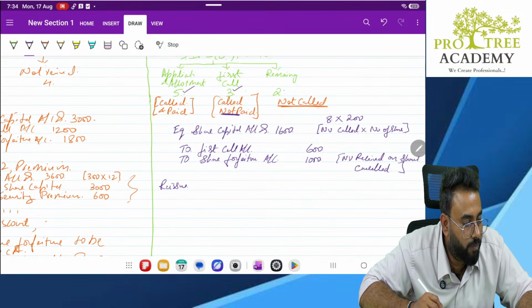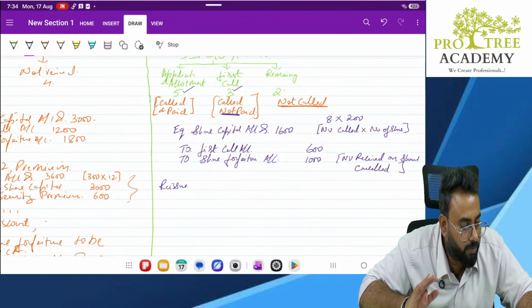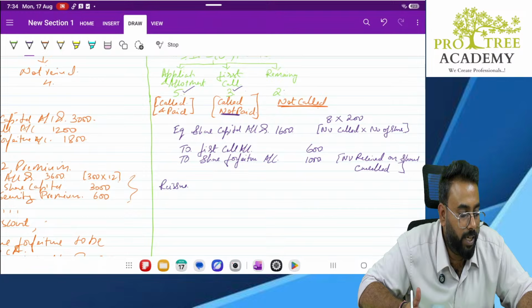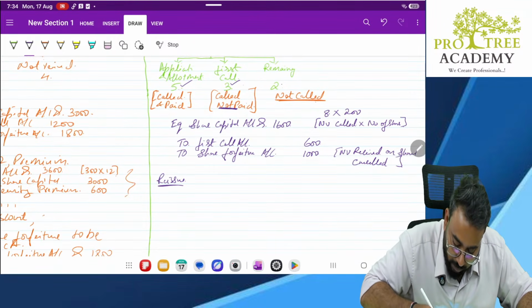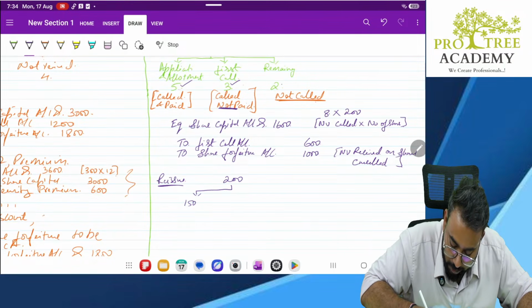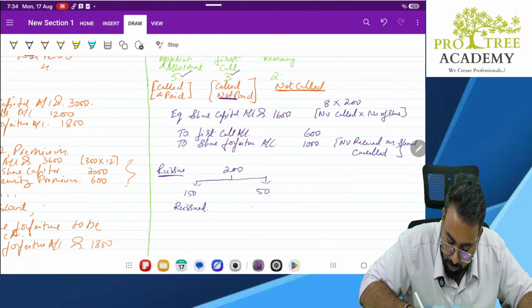How much has it been reissued for? 150 shares were subsequently reissued by the company as fully paid up at 8 per share. Out of 200, 150 reissued, 50 not reissued.